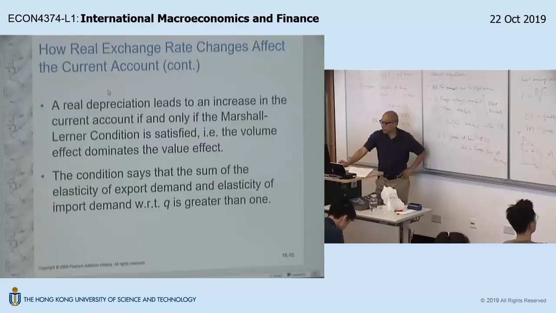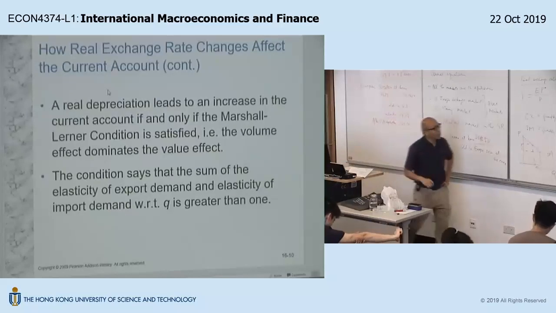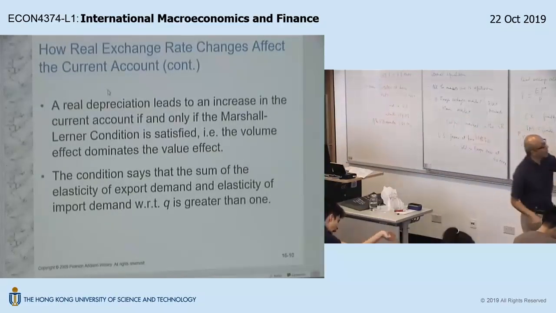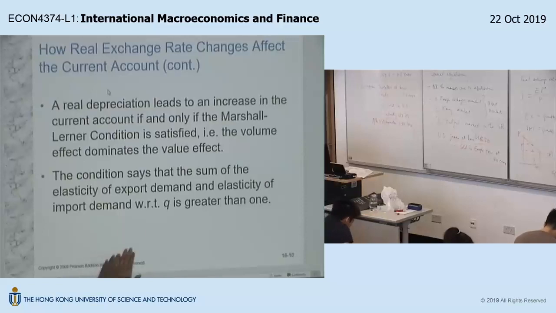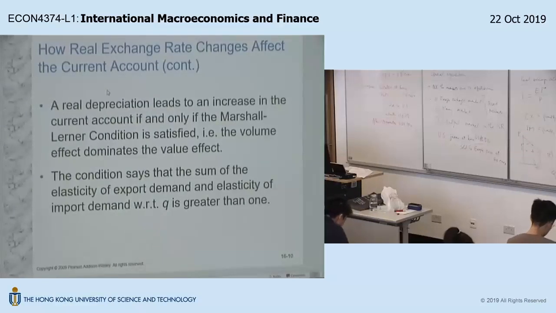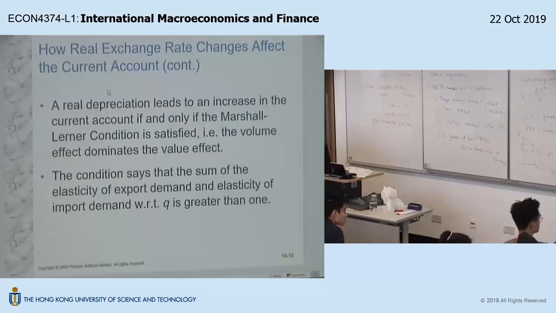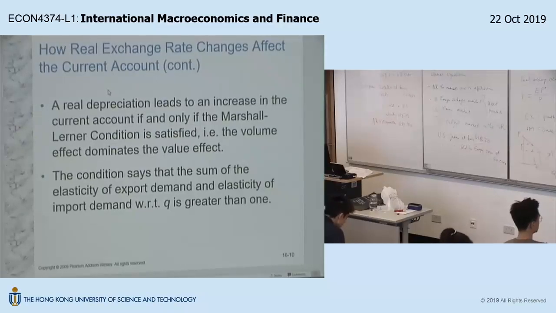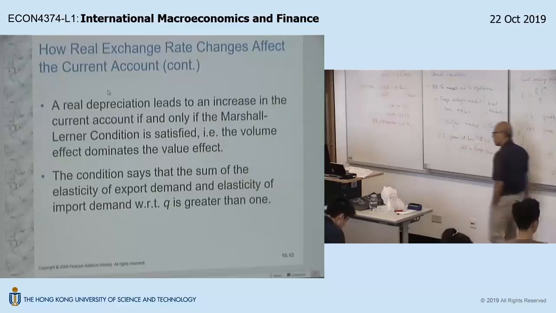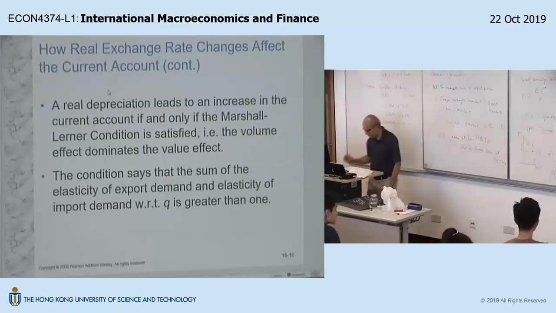That is, the volume effect dominates the value effect. And the Marshall-Lerner condition says that the sum of the elasticity of export demand and the elasticity of import demand with respect to the real exchange rate is greater than 1. It's greater than 1. Is that clear?